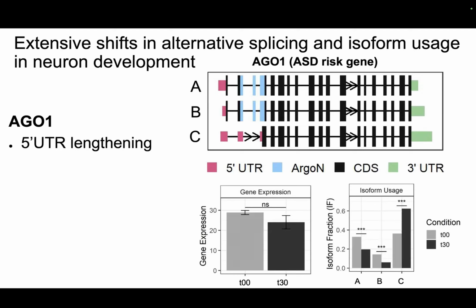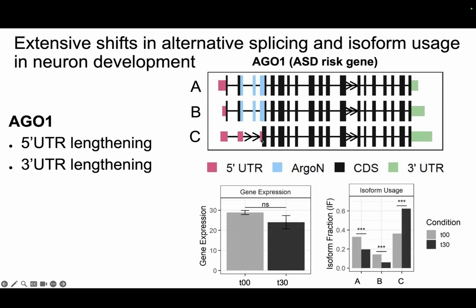So this summary is all with respect to the neuron time point. The isoform that's more expressed in neurons tends to have a longer 5' UTR. So that's shown here in pink. They also have a longer 3' UTR that's shown here in green.